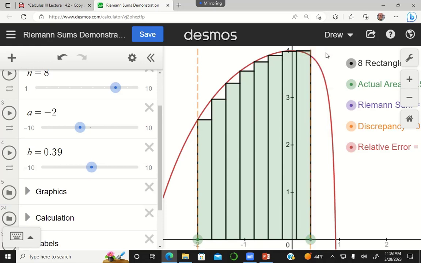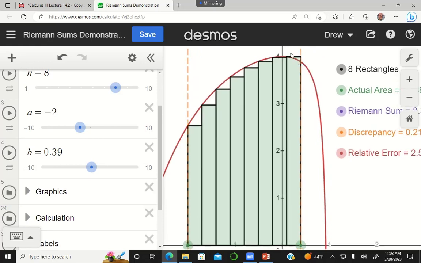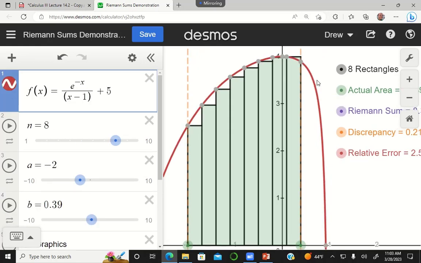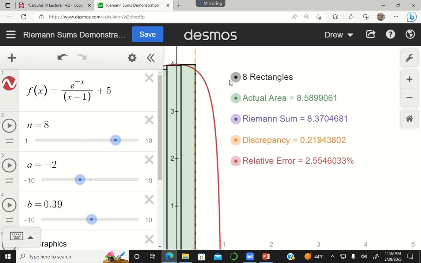And in this case of the rightmost rectangle, there's a little bit of extra rectangle that's not under the curve. And so adding up the green rectangles gives you an area of 8.37, but the actual area under the curve is 8.59. So we've got like a 2.5% error.